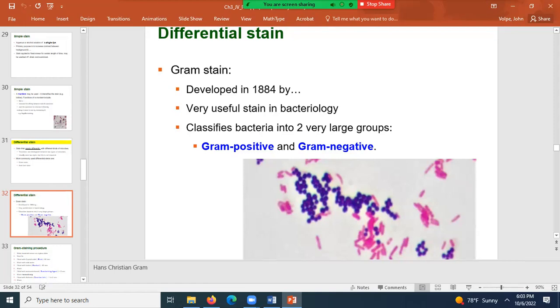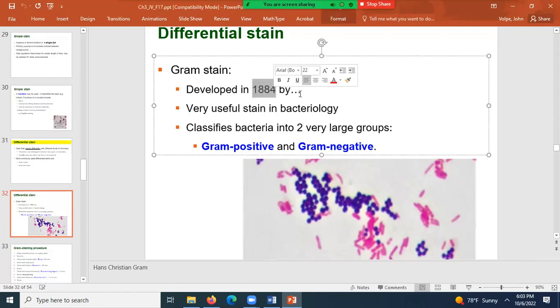The Gram stain was developed in 1884, which you do not need to know, by Hans Christian Gram. And you should know this because when we write out the Gram stain, the G should be capitalized because Gram is the name of Dr. Gram, and we capitalize a person's first and last name. Gram is his last name.